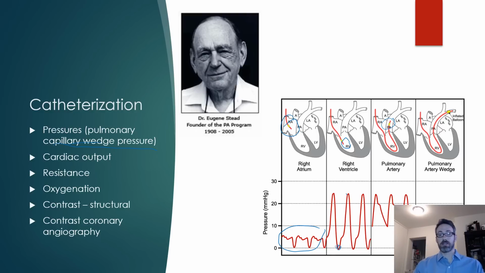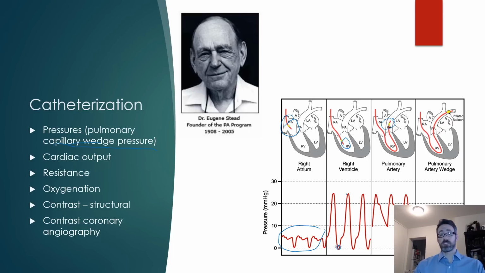But because it inflates the balloon and creates this column of fluid, it can give us left atrial pressure changes, because those would be transmitted retrograde as well. And if the mitral valve is open to the left ventricle, it could give us an indication of left ventricular diastolic pressures as well. So oftentimes when you see a pulmonary capillary wedge pressure, it's being used to indicate what the left-sided pressures are, particularly the left atrial pressures.